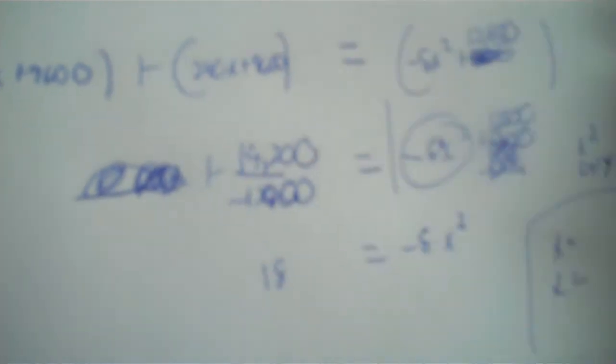Oh, sorry, I put the wrong thing in there. This was 12,800. So you're minusing 12,800. So 19,200 minus 12,800 is 6,400.